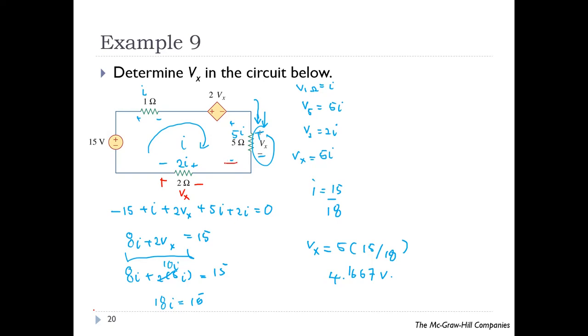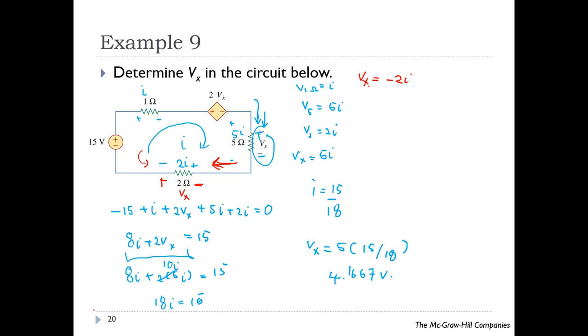Okay, so based on our assumption, current is moving in this direction, but given the labeling of the Vx, negative is here, so it means that current is in this direction. So when writing the equation, Vx is equals to negative 2I, because it is in different direction of the assumed current.